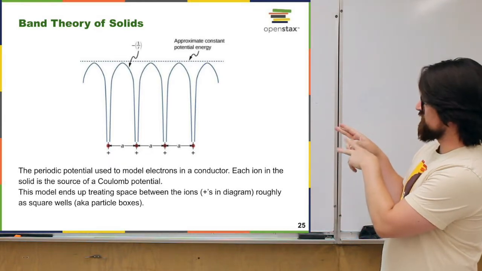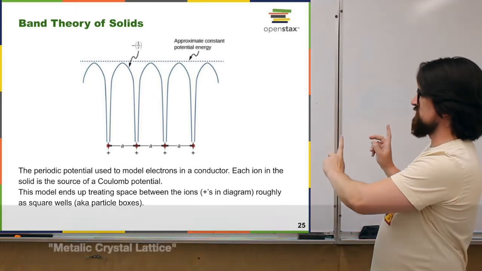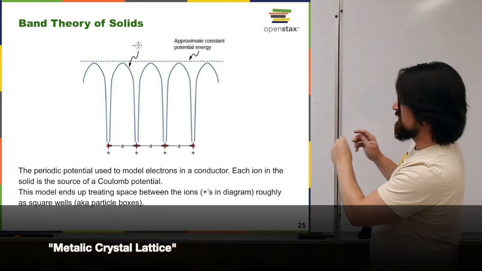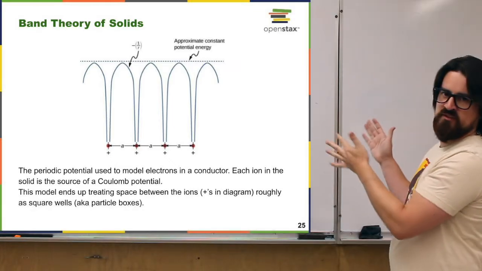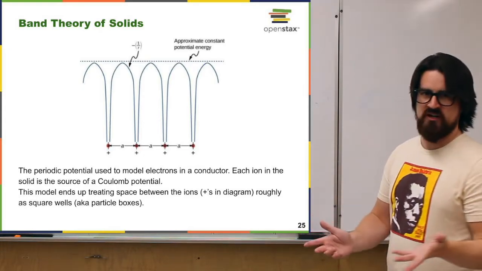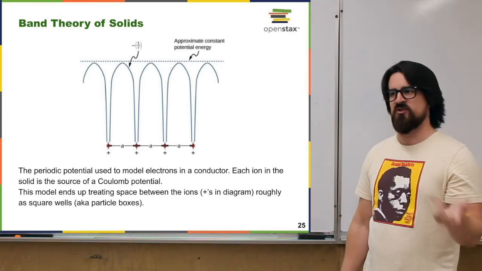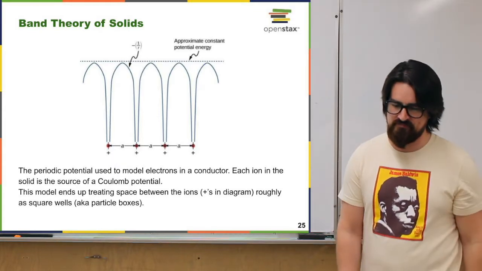So the picture here shows each of the ions, the nuclei in that crystal lattice, as positive ions, and in between each of them is this roughly infinite square well, a particle in a box. So again, you see why when we looked at the application of Schrödinger's equation, we looked at the particle in a box. It comes around quite a lot.